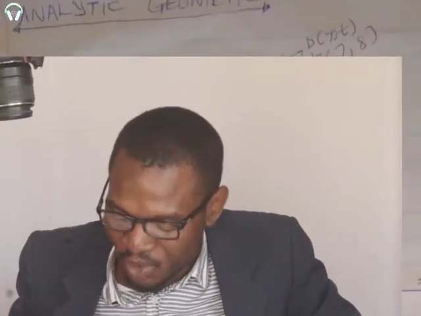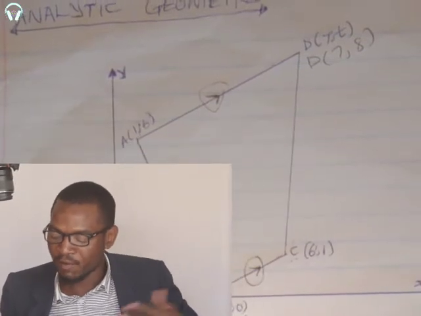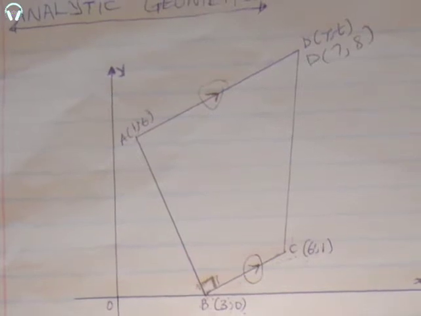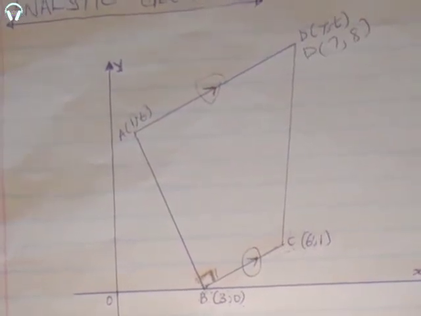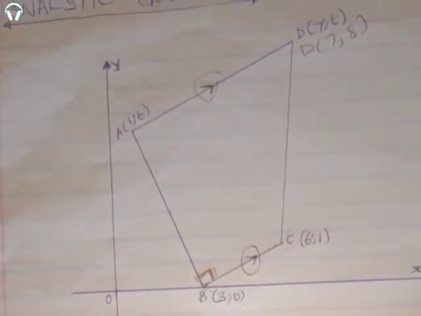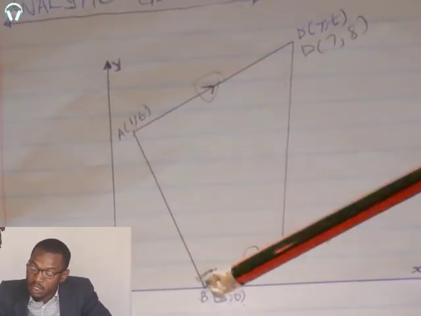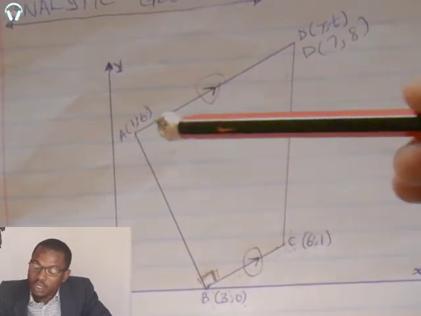The next question requires you to calculate the area of the quadrilateral ABCD and to also simplify your answer. Now we found the distances between points for the quadrilateral. We found the distance AB, and also the distance BC and also the distance AD.